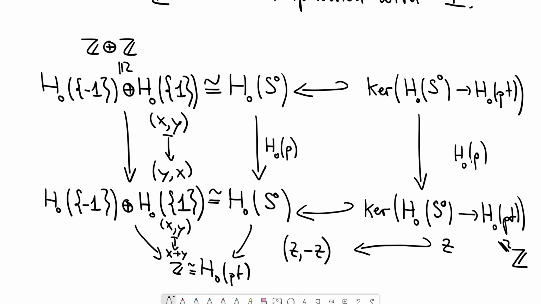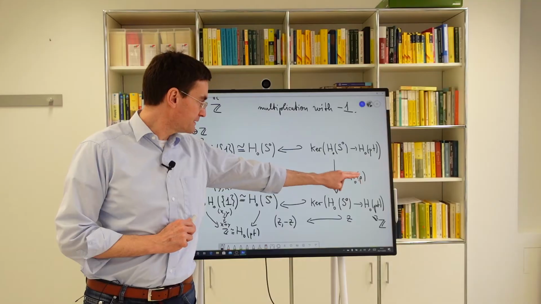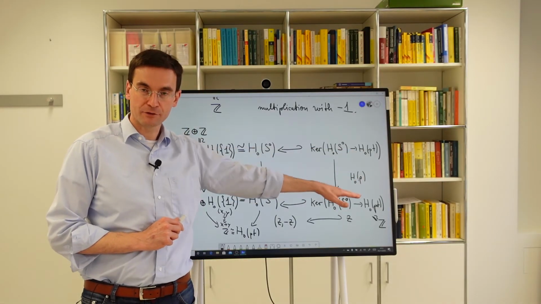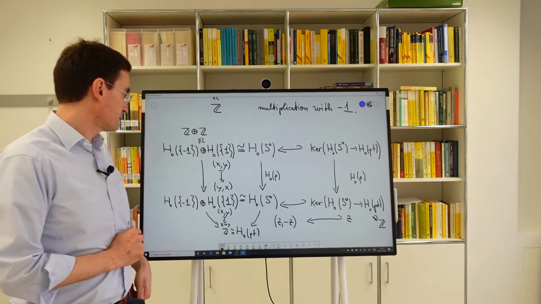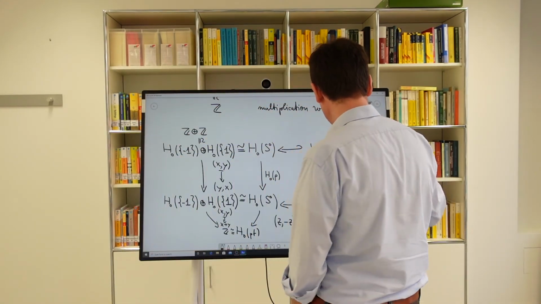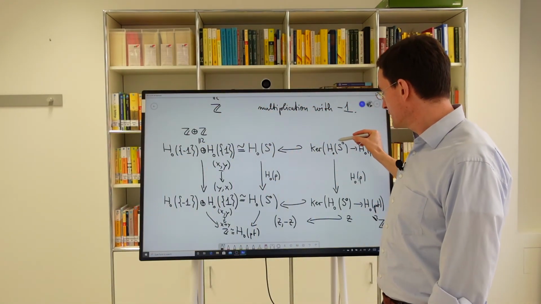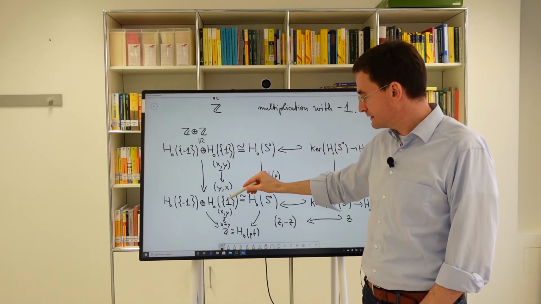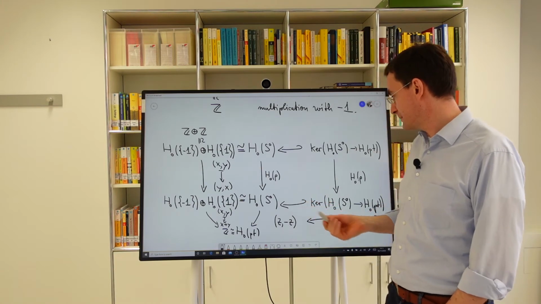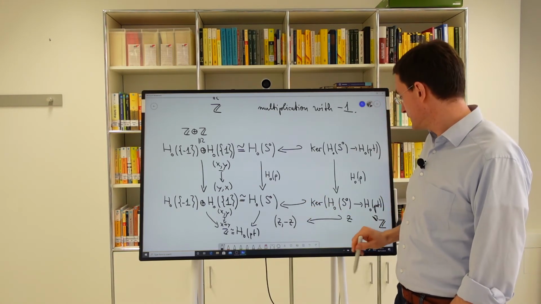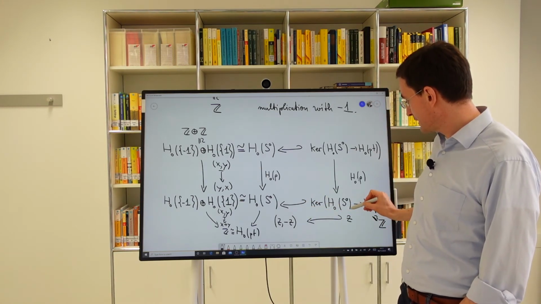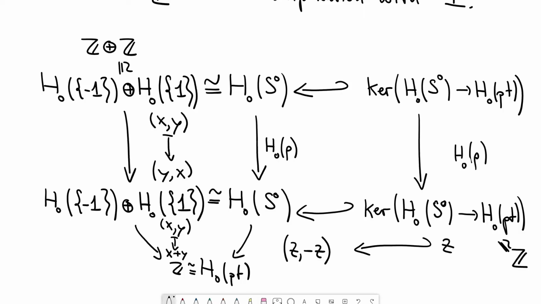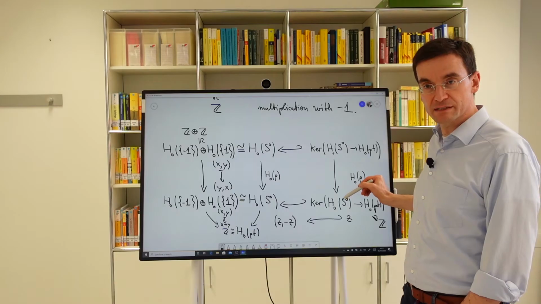And now, with all these identifications, we can see what this map rho induces on the level of the kernels. Because if you have an element here, it's mapped to (c, minus c), then they get interchanged, so they are mapped to (minus c, c), and this is coming from the element minus c. So the induced map here is just the multiplication with minus 1.